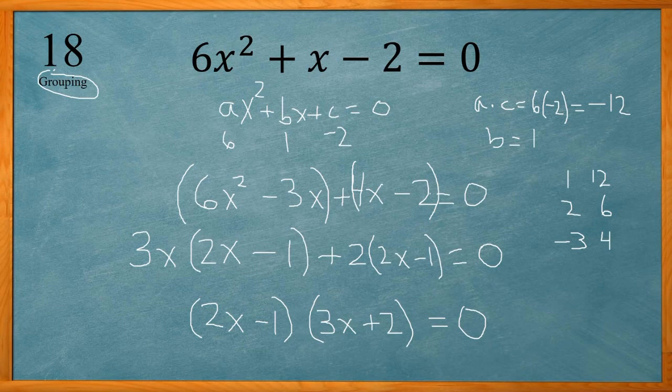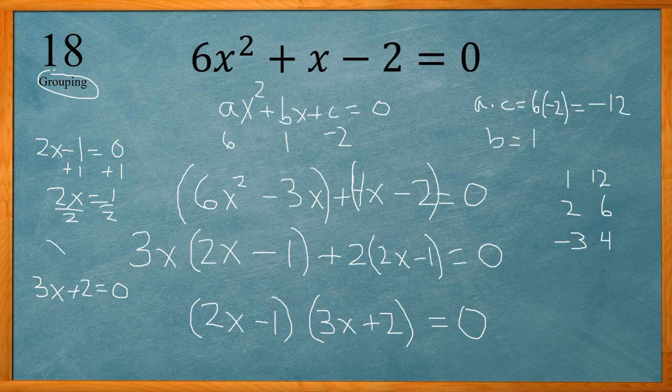So again, I'm going to take each of these factors, set them equal to 0, and solve. So I take 2x minus 1 equals 0, and 3x plus 2 equals 0. I'm going to add 1 to both sides here, which gives 2x equals 1. Divide both sides by 2, so x equals 1/2.